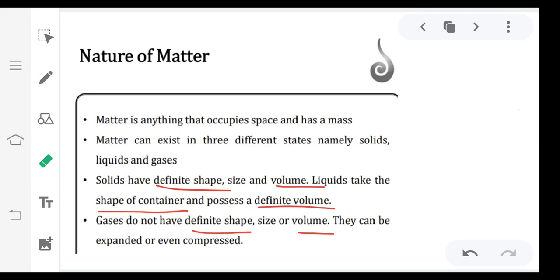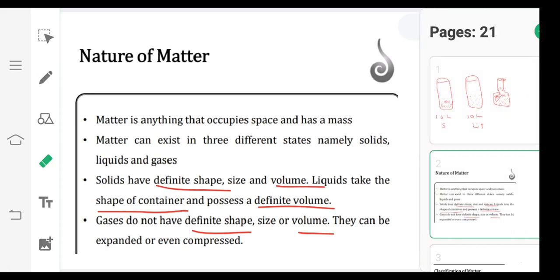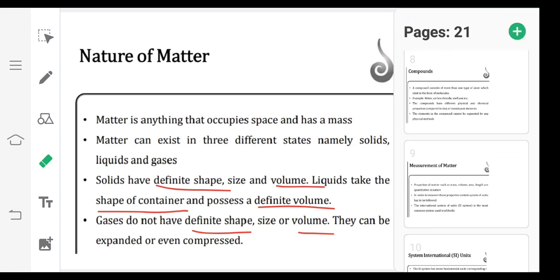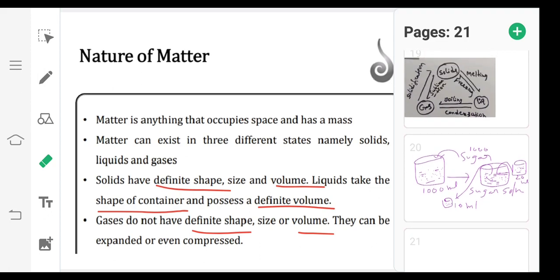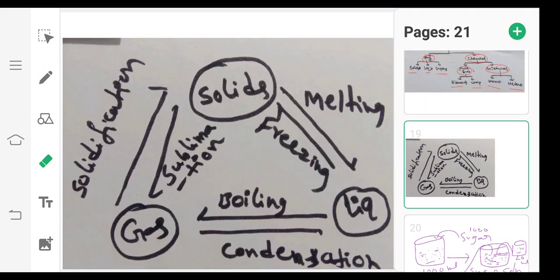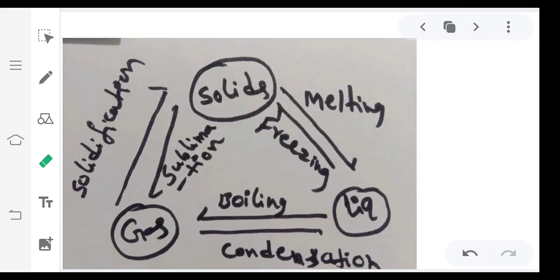Next, interconversions between solids, liquids and gases. We can interconvert one form of matter to another by changing temperature and pressure conditions. For example, ice. At 0 degree Celsius there is an equilibrium between ice and water.